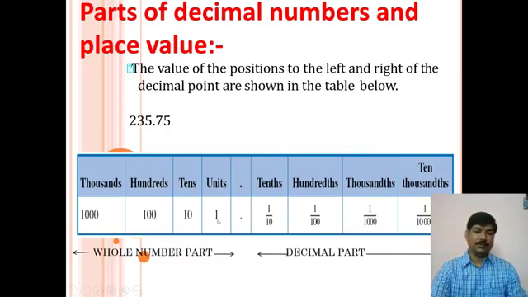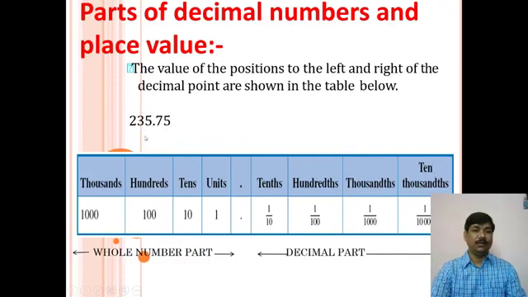In the whole number part, the unit place has value 1, tens place 10, hundreds place 100, thousands place 1000. The first position after the decimal is known as the tenths place. The second position after the decimal is known as the hundredths place. The third position after the decimal is known as the thousandths place. The fourth position is the ten-thousandths place.